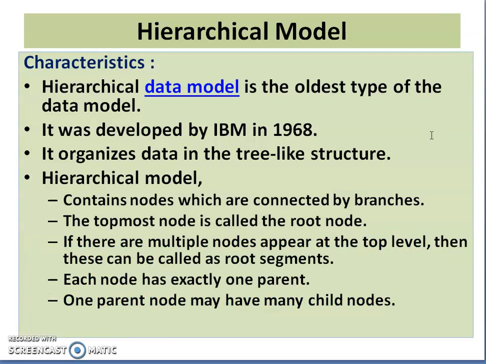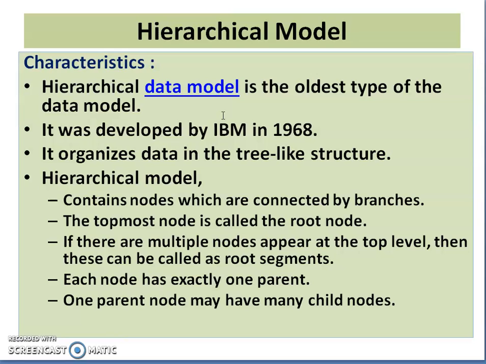Next, if you look at the characteristics of the hierarchical model, the hierarchical data model is the oldest type of data model. It was developed by IBM in 1968. It organizes data in a tree-like structure. The hierarchical model contains nodes which are connected by branches.